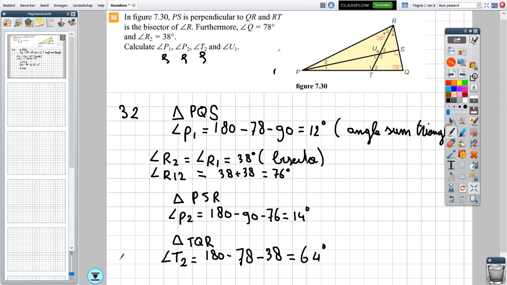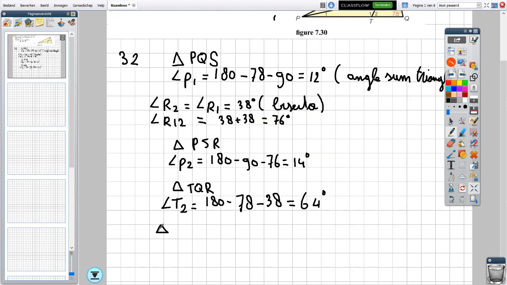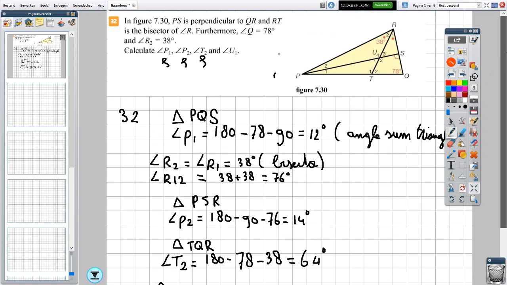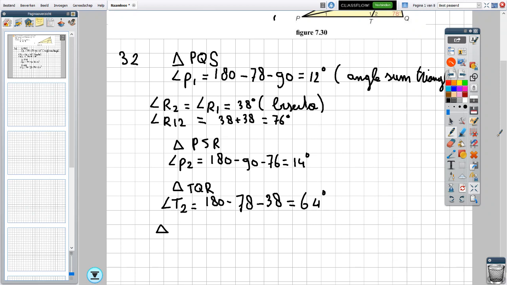So what I'm going to do is I'm going to say, in triangle USR, and now my tablet is doing stupid things again.